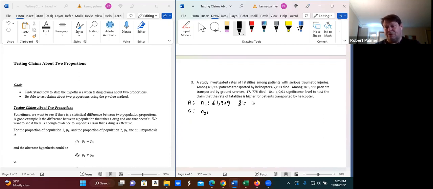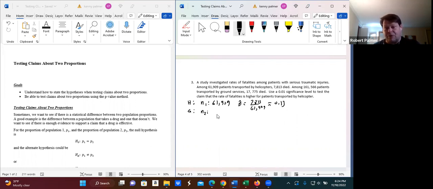So we're interested in the number of deaths, 7,813 divided by 61,909. Let's divide that, and that comes out to 0.13 to two places, or about 13%.